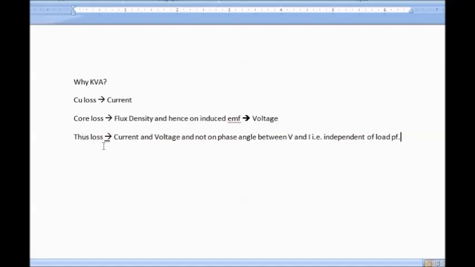So why losses in transformer depend on current and voltage only is that, see, in a transformer we have mainly two losses, and those losses are copper loss and core loss.